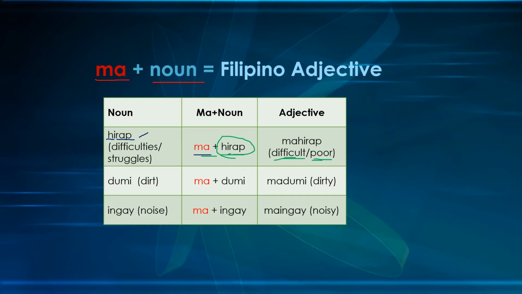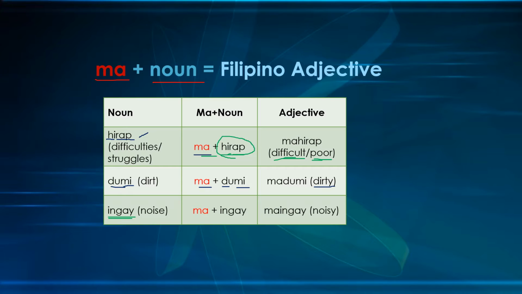So let's have another example. Dumi, which means dirt. Let's add ma. We have madumi, which means dirty. And the same pattern is applicable in this word, ingay, which means noise.